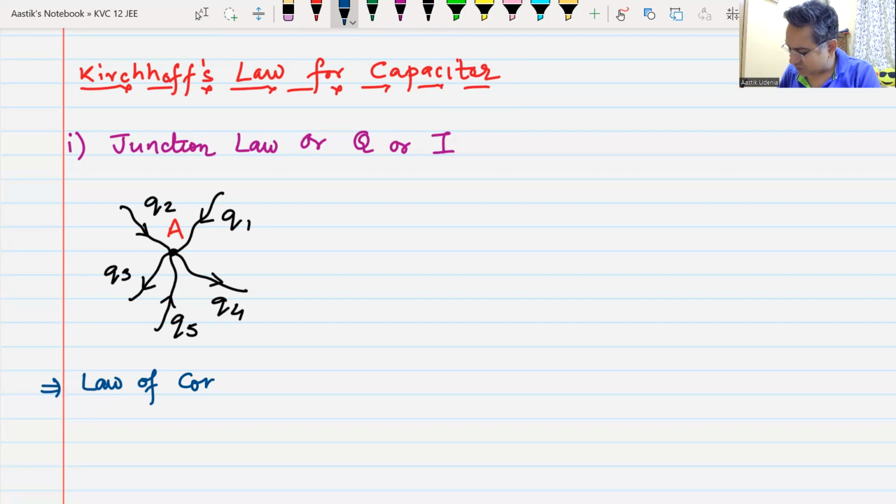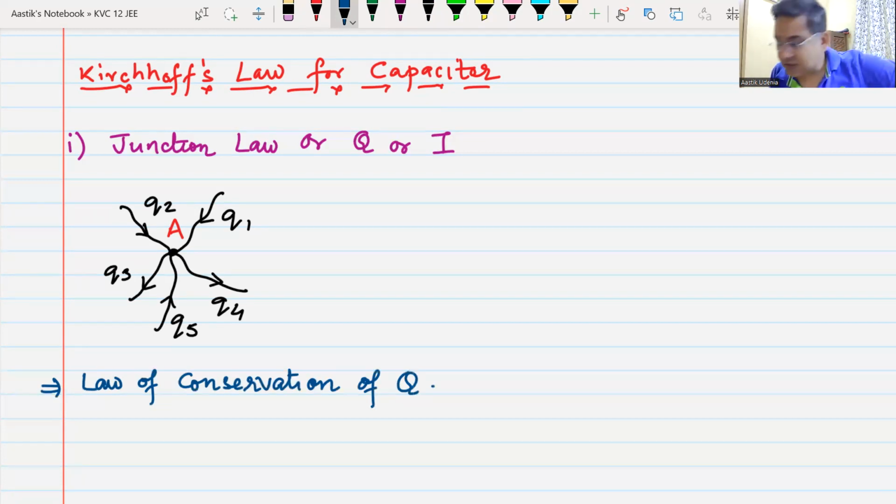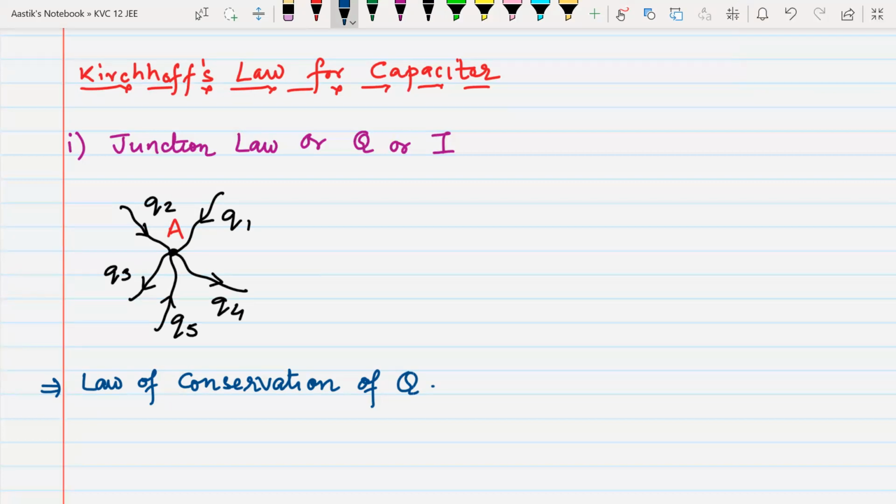It's basically better to call it law of conservation of charge. This junction is definitely not going to eat up any charge. It's not hungry.